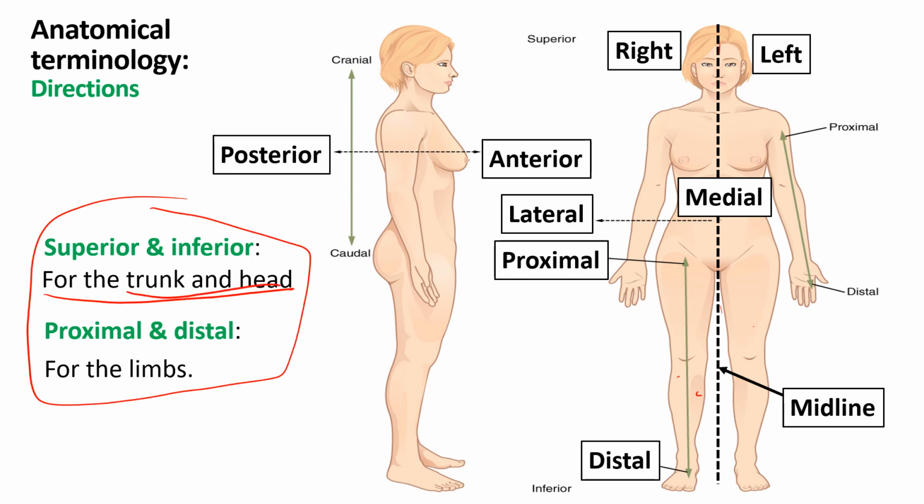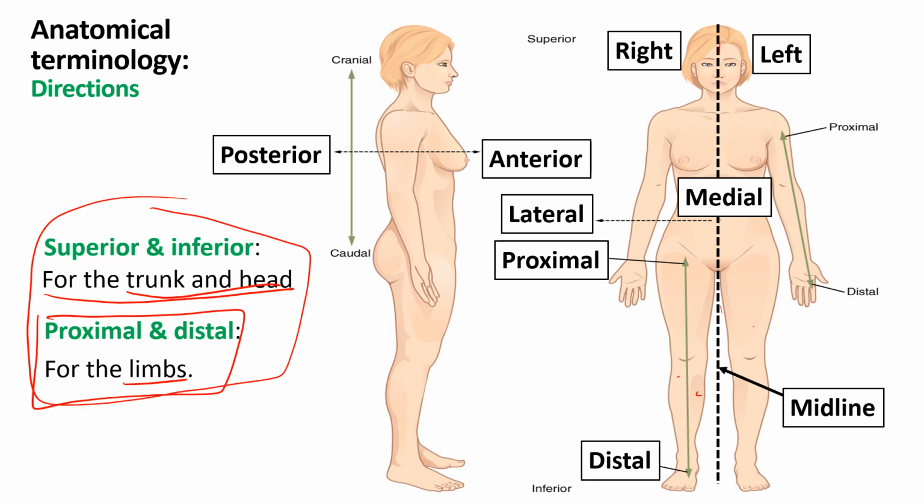In other words, we use superior and inferior for the axial skeleton or the axial body. Now, we use proximal and distal for the extremities or the limbs. That is the same as saying that we use the terms proximal and distal for the appendicular skeleton.